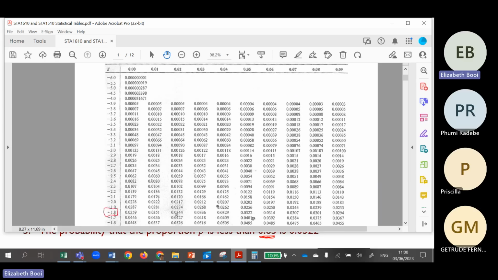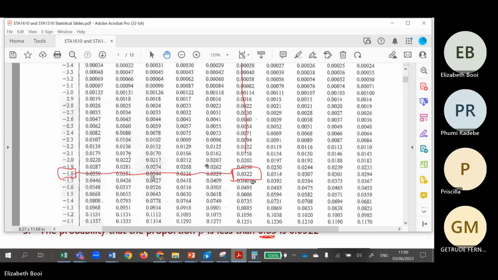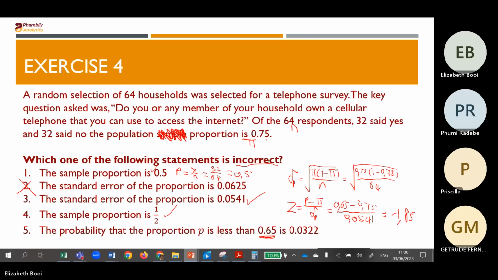Minus 1.85 and the answer is 0.0322, which is correct. And that's how you answer the question.